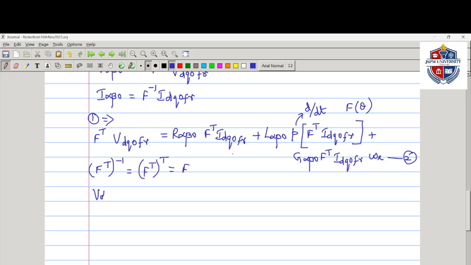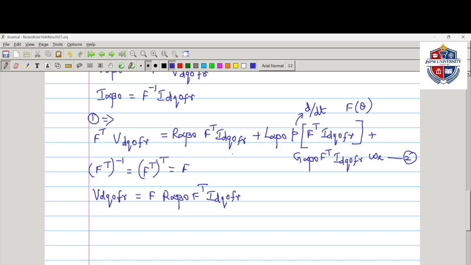Therefore, V dq0 fr equals F transpose into R alpha beta 0 into F transpose inverse, that is F alpha beta 0 into F transpose into I dq0 fr.